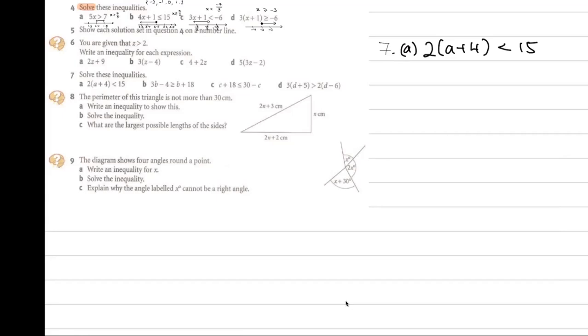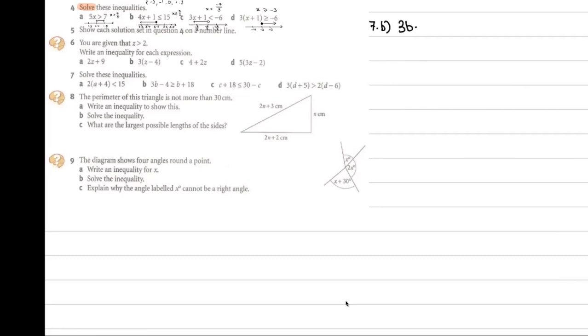So what we need to do is we remove what's outside of the bracket first. Don't expand the bracket, okay? So we're going to get a plus 4 is less than 7.5. Then we can just minus 4 here, minus 4 here. a is less than 3.5. That's for question A. That's the answer already.